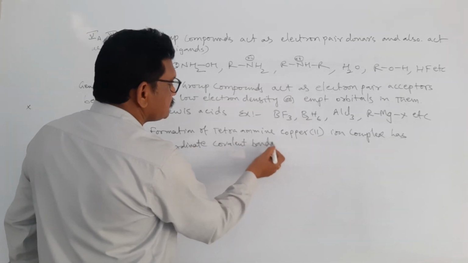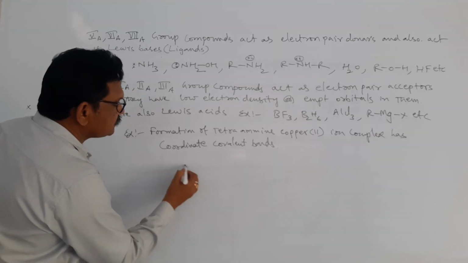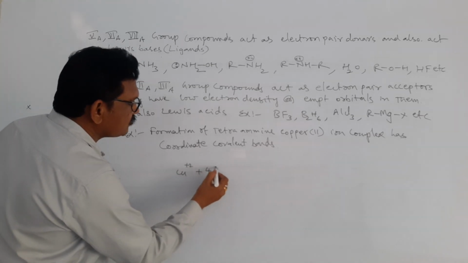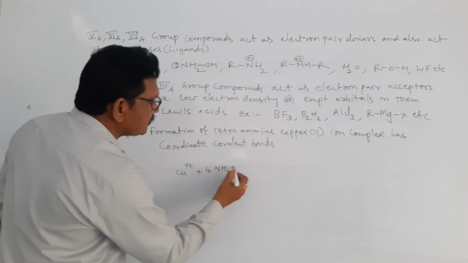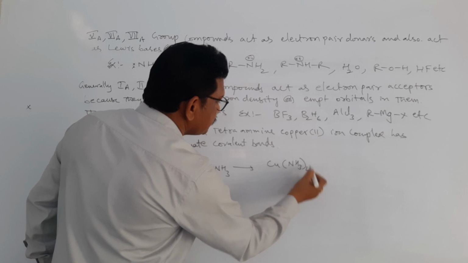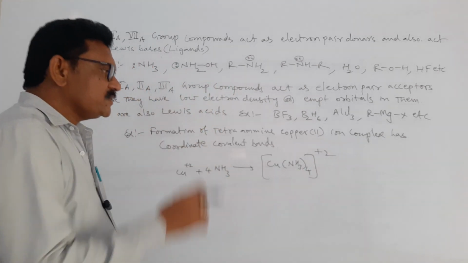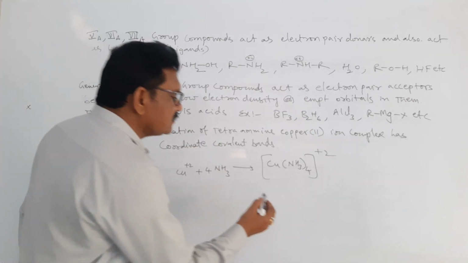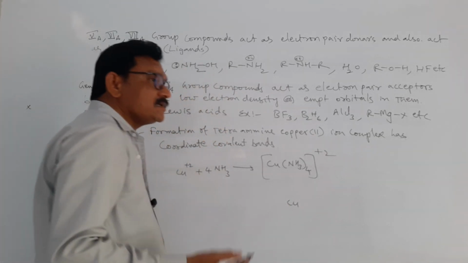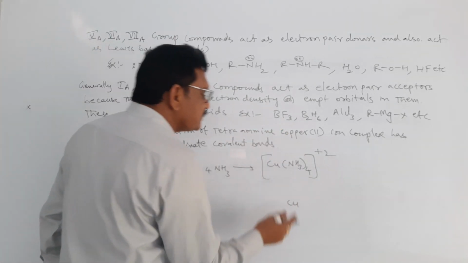See, I show here. So here what happens, Cu2+ reacts with 4 ammonia, giving rise to the [Cu(NH3)4]2+ complex. This is a beautiful example to understand coordinate covalent bond. Here copper, a d block metal, can have convenient vacant orbitals in it.